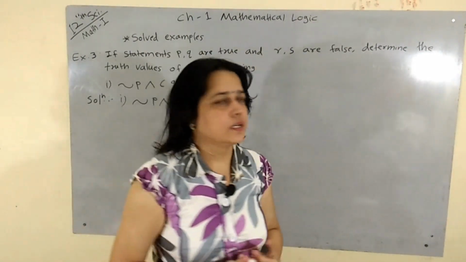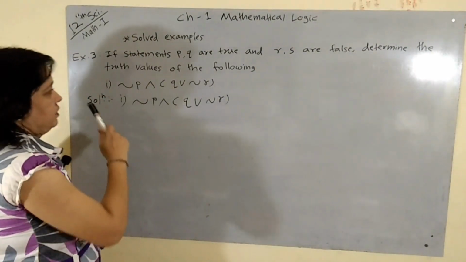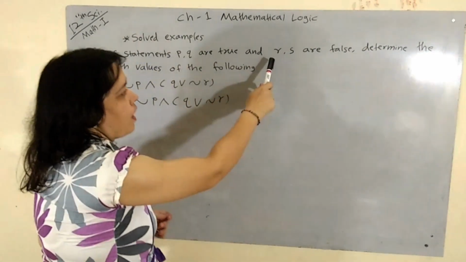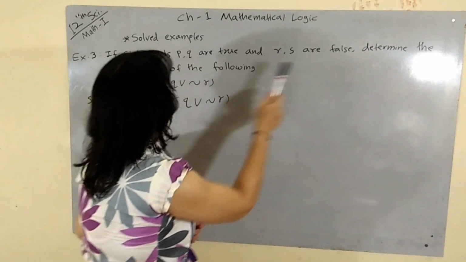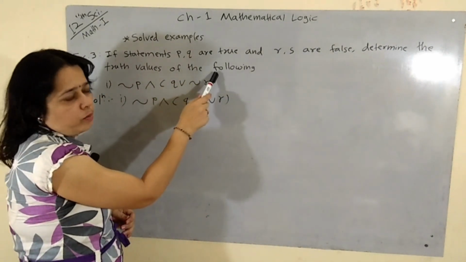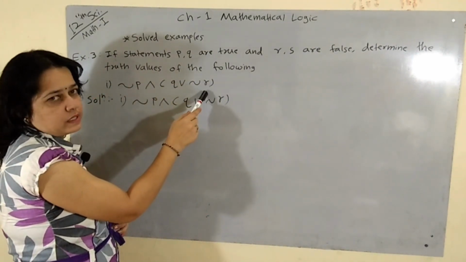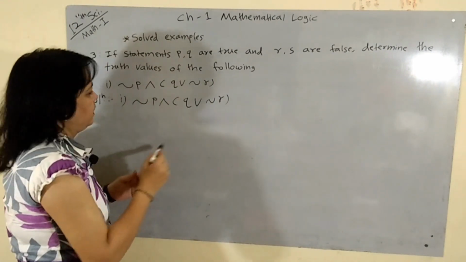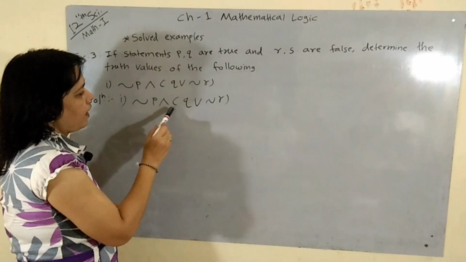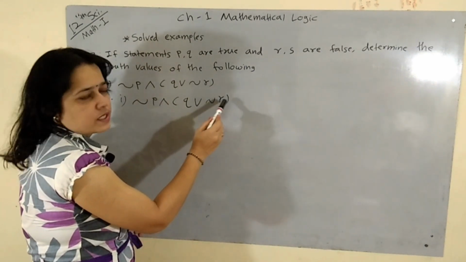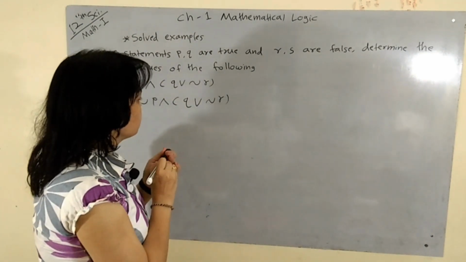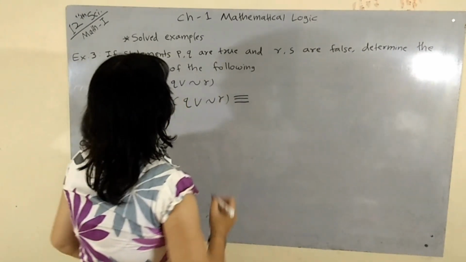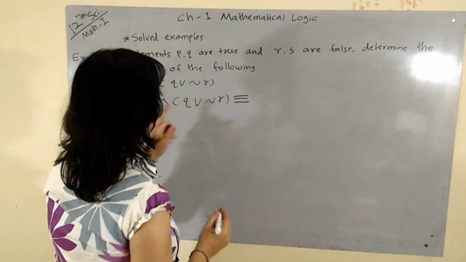Let's continue. Next example is, if statements P, Q are true and R, S are false, determine the truth values of the following. Here the following statement is given. Its solution is, write down first the following statement: negation of P and Q or negation of R. So it is equivalent to, write down its truth values.